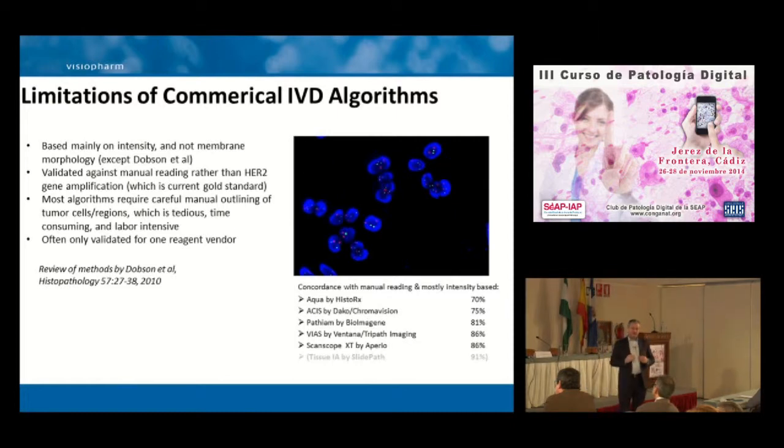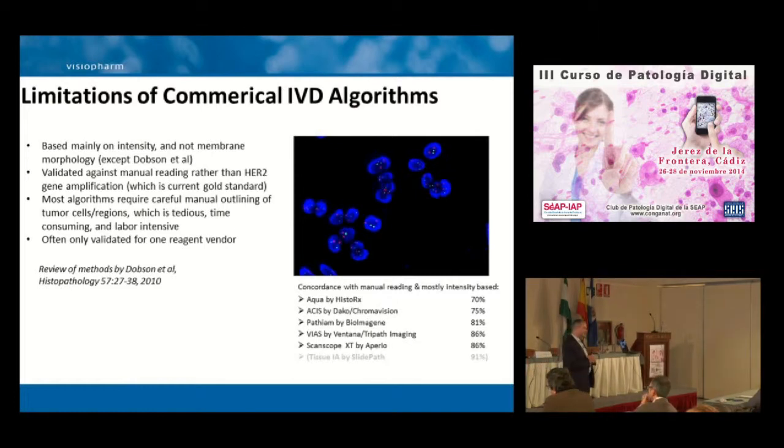All of these different algorithms, their performance was measured as concordance with human reading. Now, HER2 is one of the few things where we do have a gold standard. We have gene amplification, and none of these methods were actually correlated with gene amplification. That's one thing we wanted to do.